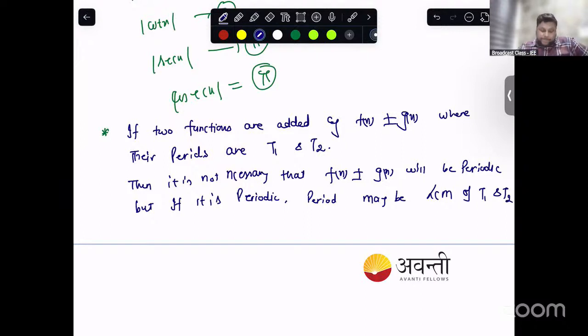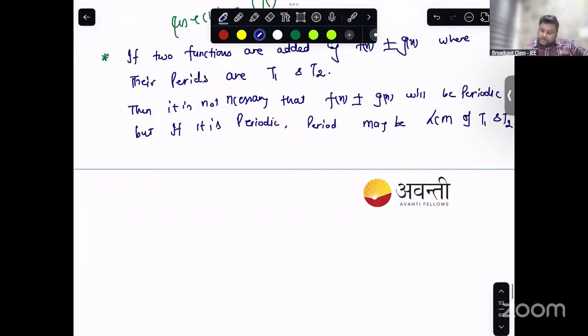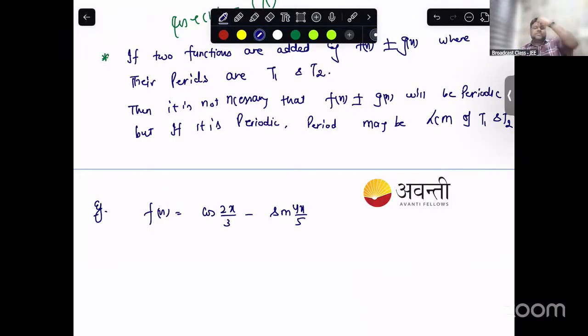Like there is an example, say f(x) equals cos 2x upon 3 minus sin 4x upon 5.